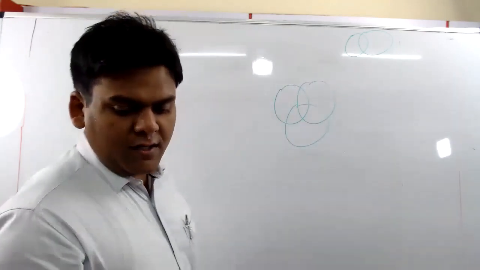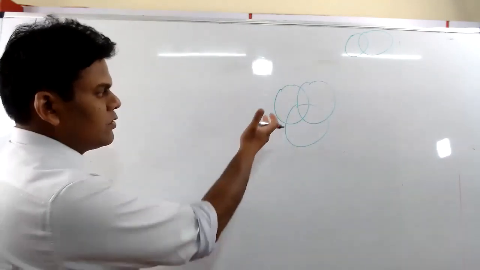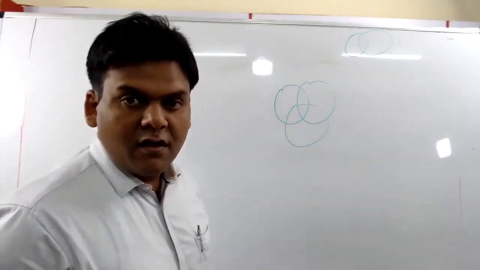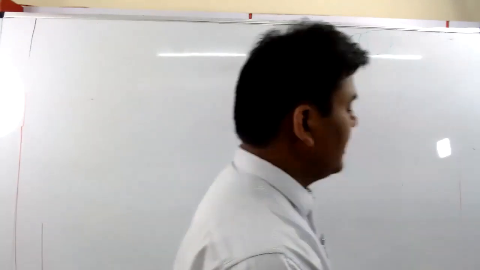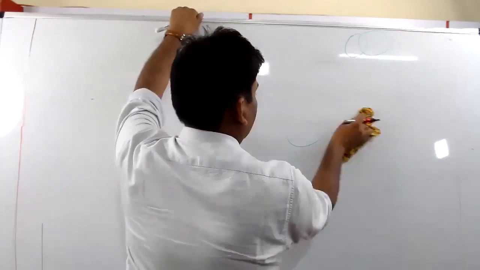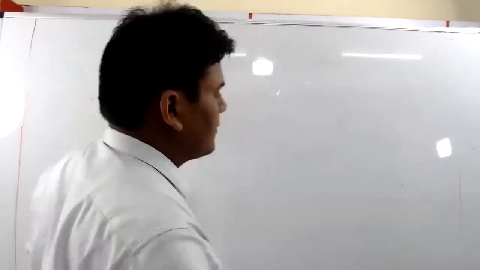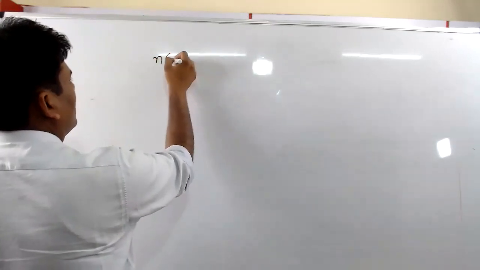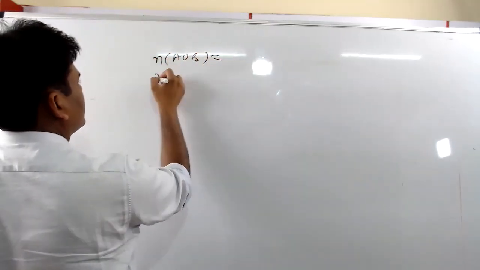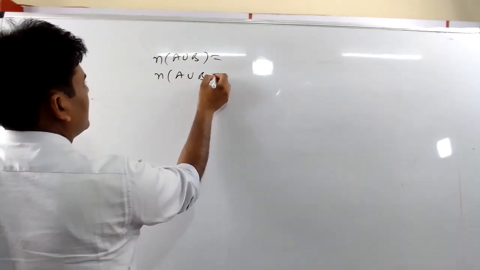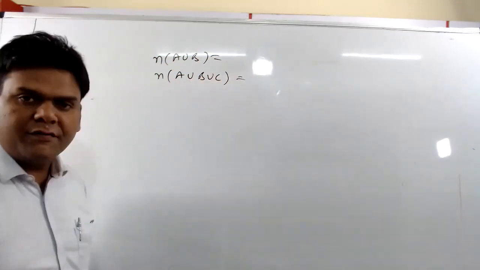I hope you all are aware of the basic concepts of set theory which we did in the last session, which needs a recall for drawing the basic Venn diagram for 2 sets, for 3 sets, as well as the formula for union of 2 sets and the formula for union of 3. You may never require a formula for 4.